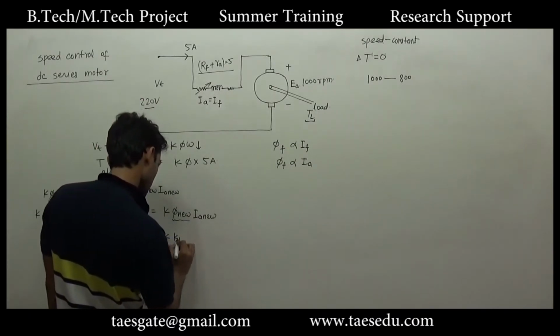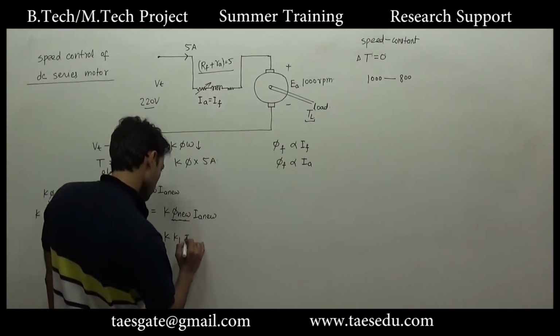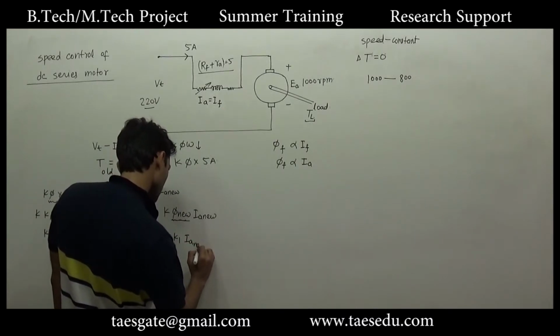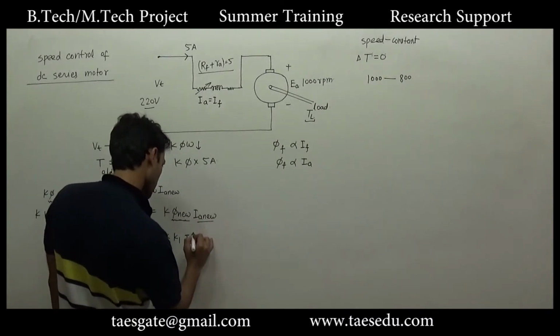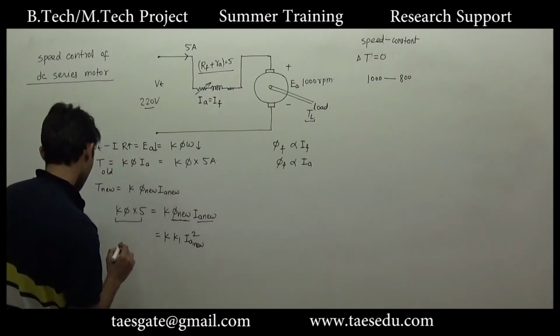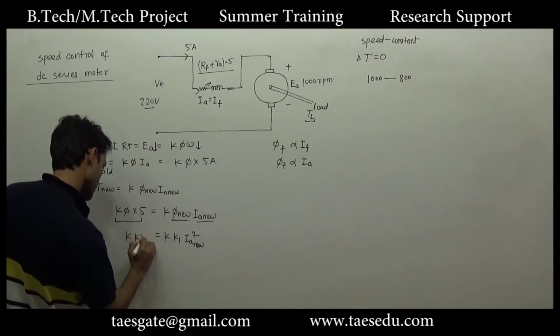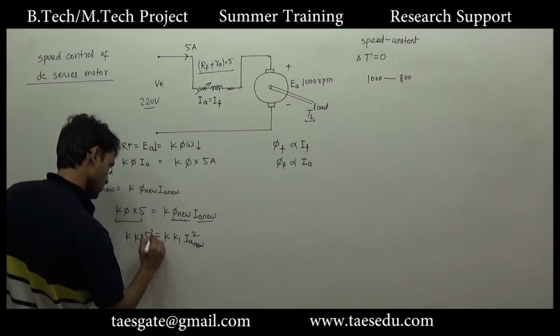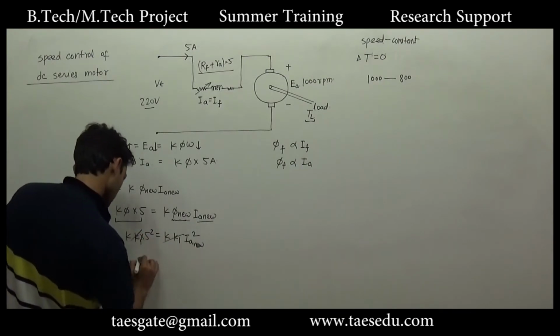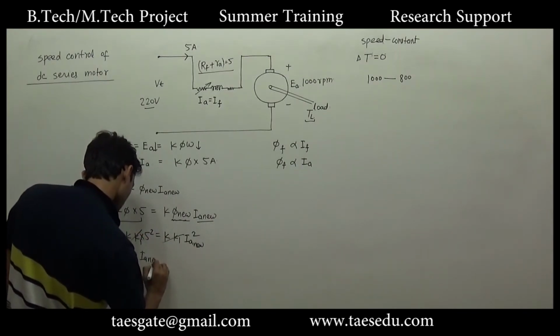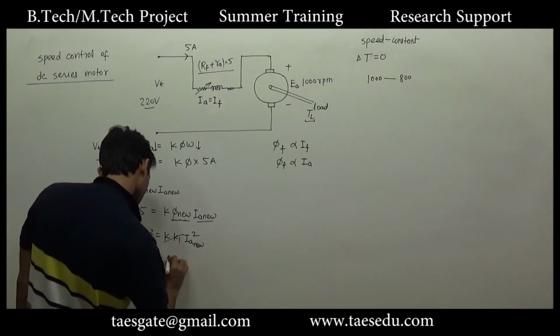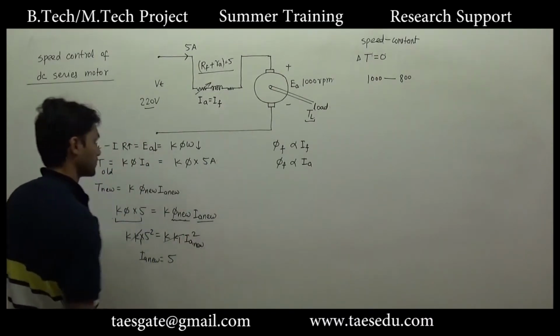So this will be k, phi will be k1 into the new value of armature current and into the new value of armature current, so we will have a square. So we will write k into 5 square equal to this. So IA new is equal to 5 only.